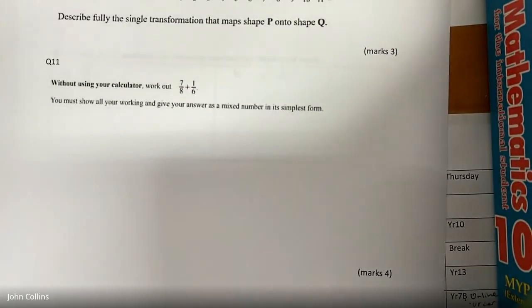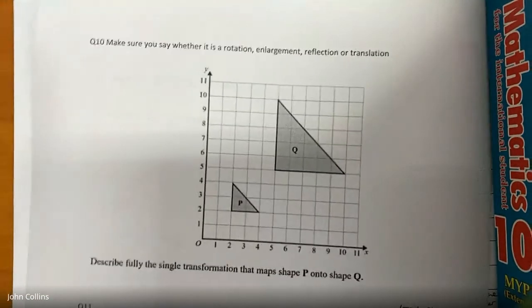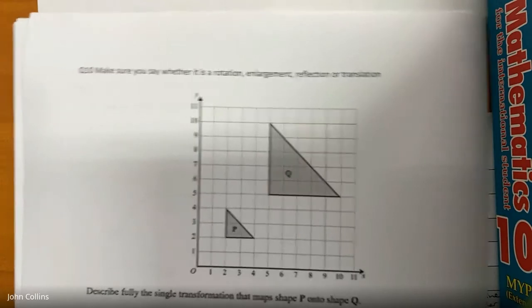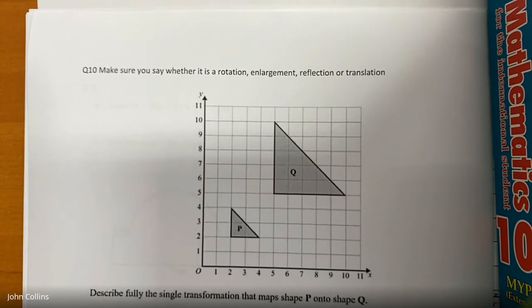All right. Moving along to question 10, which is our transformations question. Can anyone fully describe it? So Sam is going for an enlargement. So it's Krisha.